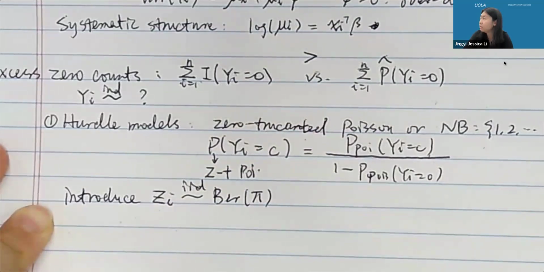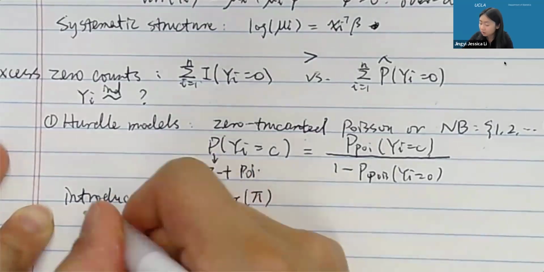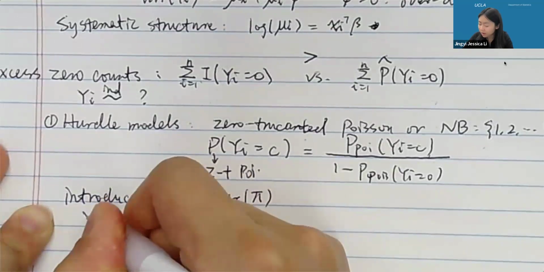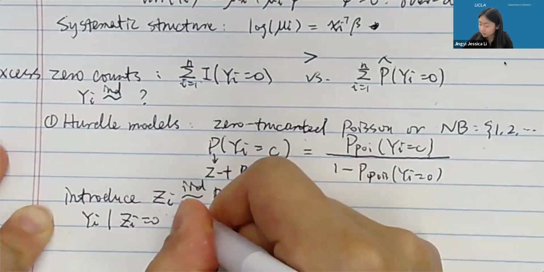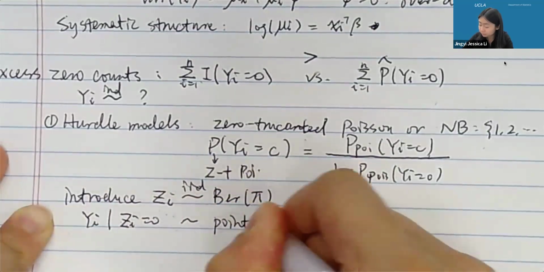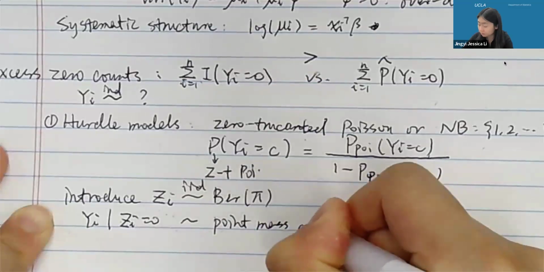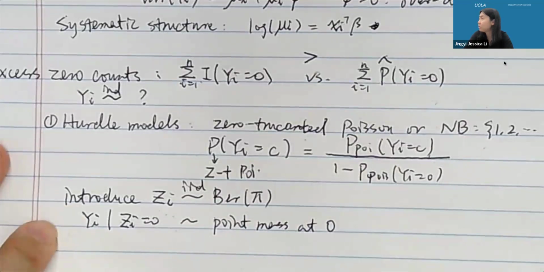Then the hurdle model says you consider the distribution of yi conditional on zi. It assumes that yi given zi being 0 is a point mass at 0, meaning yi just takes one value, 0, with probability 1.